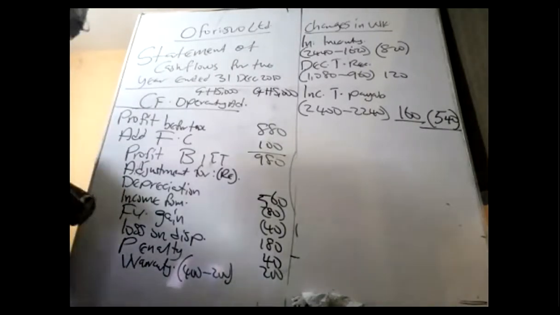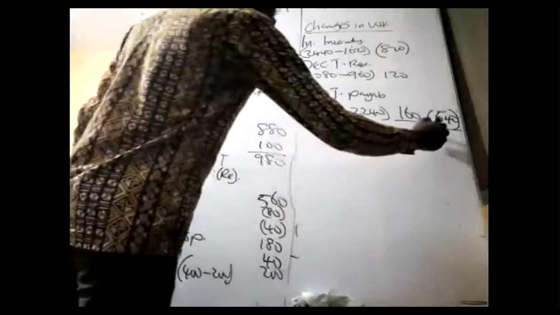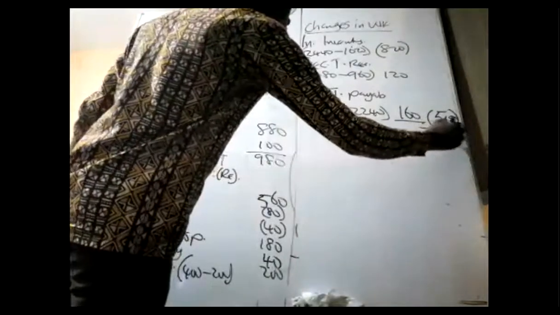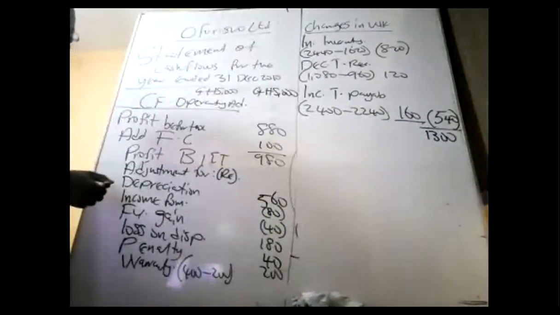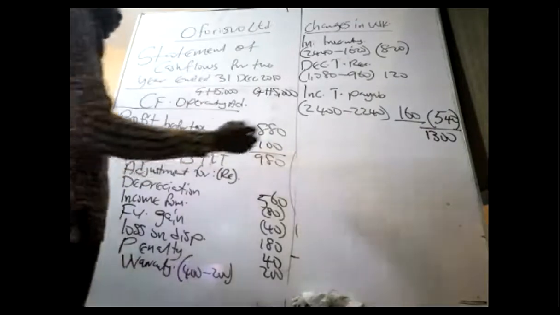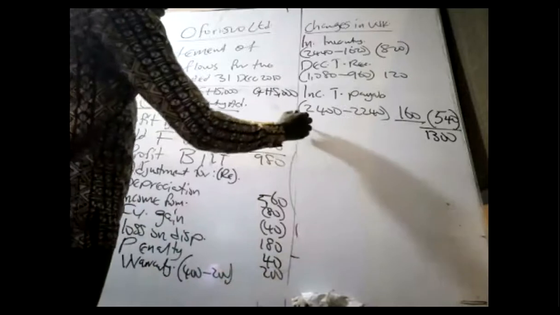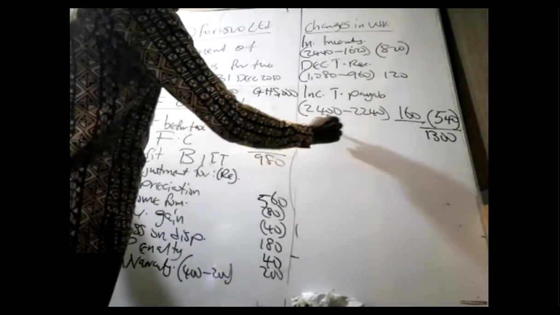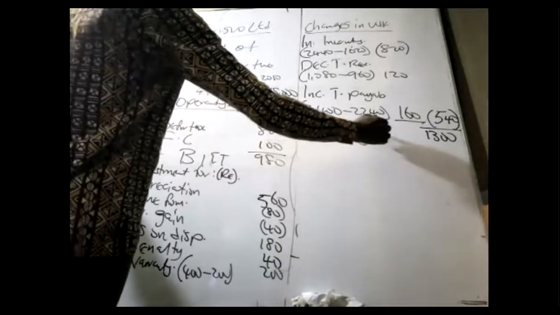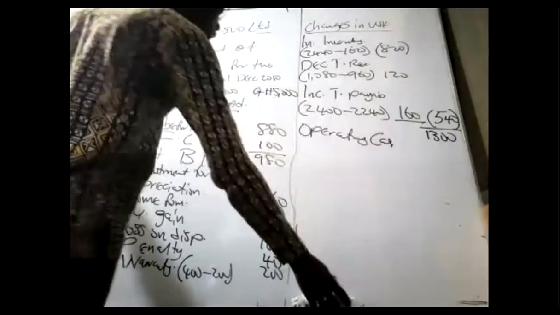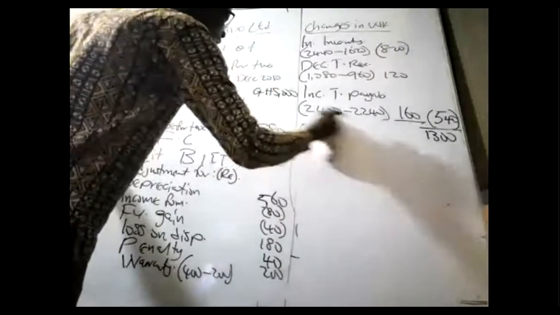Okay, so you get something like 1,300 positive. Call this operating cash flow before interest and tax.